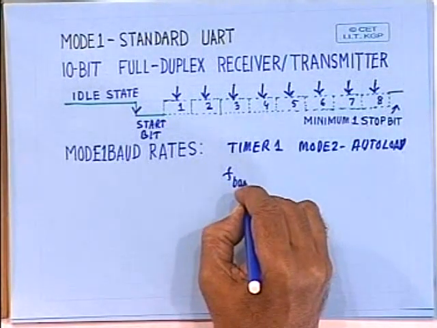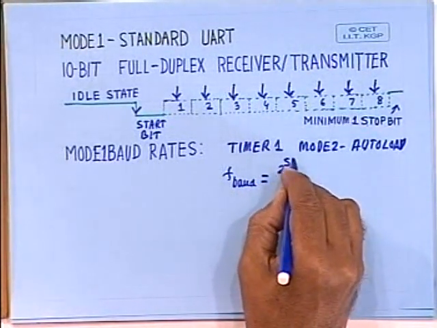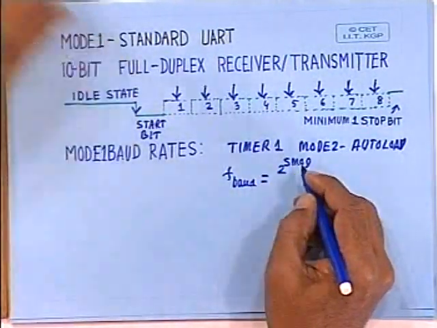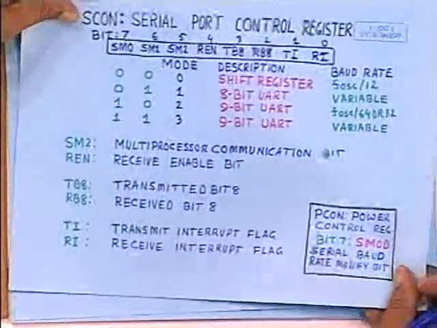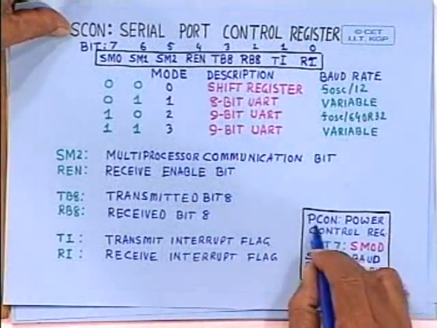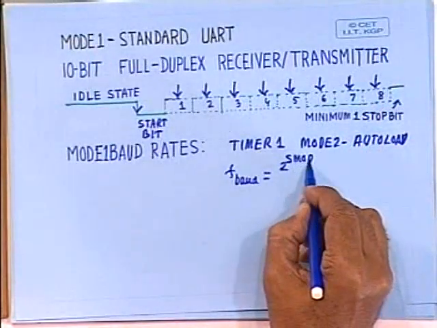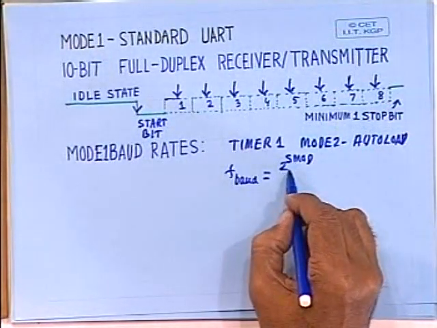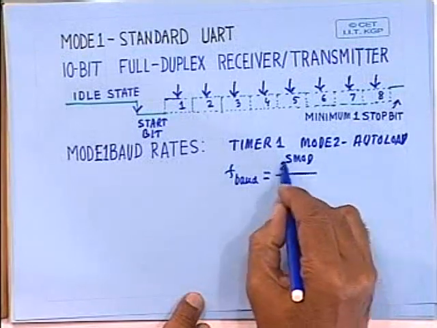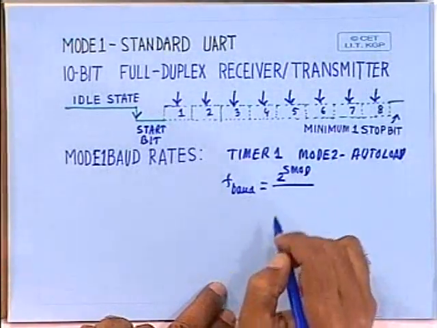Say f baud will be equal to 2 to the power SMOD. This SMOD bit is this particular bit, bit 7 of PCON, as I told. That means whenever this bit is 0, then this is 1. On the other hand, if this bit is 1, then it is 2. That means baud rate is twice compared to if this bit is 0.